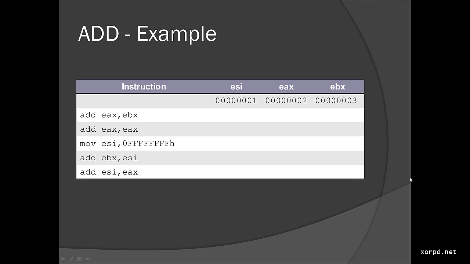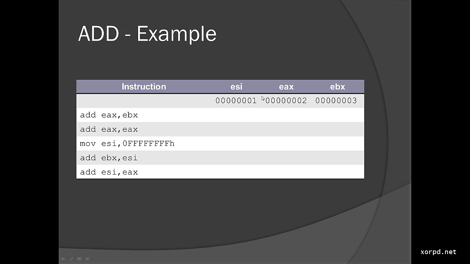Some example for the add instruction. Take a look for a moment at the instructions just to try to guess what is going to happen. Here again, we assume the values of ESI, EAX, and EBX. These are the initial values. This time we don't use the question mark just to be more efficient so you can see faster the results.